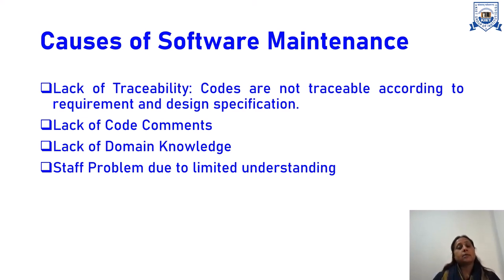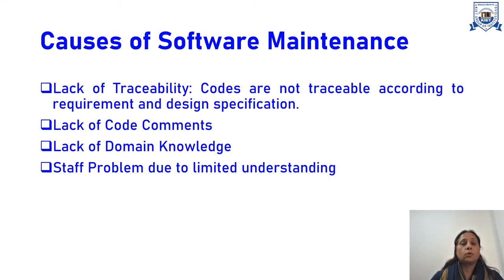Sometimes code is written such that we cannot trace our requirements and design specification, or you can say software is not developed according to the requirement and design specification. In that case, we need more software maintenance.